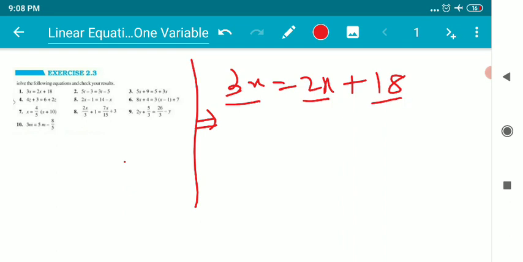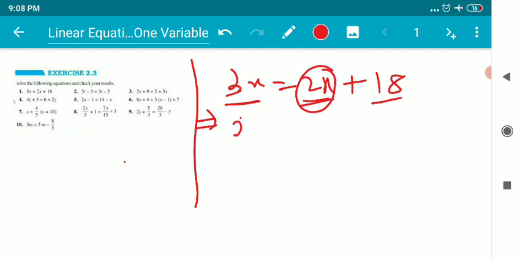We know very well that every term containing a variable should be on one side, and the terms free from variable should be on the other side. So here 3x and 2x are similar terms, so they should be on one side. I'll prefer to bring this 2x from the right hand side to the left hand side, or this 2x will be transposed to the left hand side.